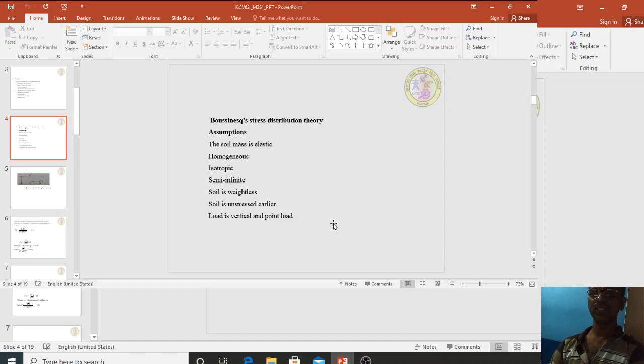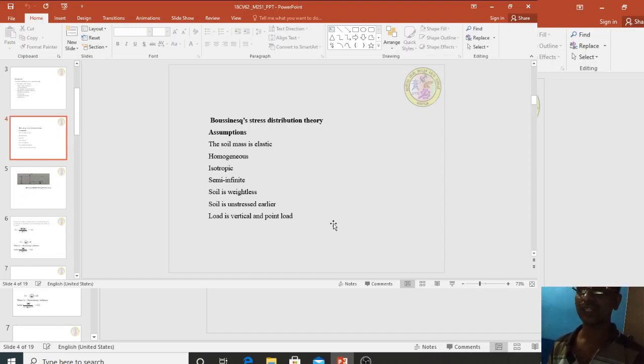Weightless means it does not have any self weight, but only if you go to the moon will soil be weightless. On earth, soil has its weight because of the gravitational force and because of the density of the soil. But Boussinesq has assumed that it is weightless. That again is one of the assumptions.